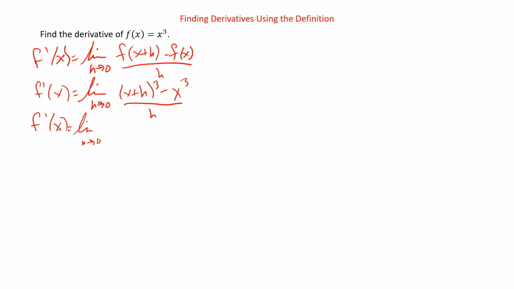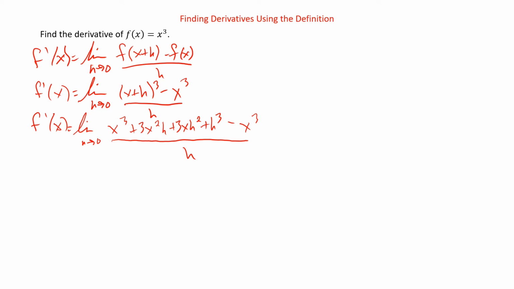And so that's going to be wonderful. I'm so happy for that. But when we expand this x plus h cubed, we're going to get x cubed plus 3x squared h plus 3xh squared plus h cubed. And then we have this minus x cubed at the end, right? That's not the binomial expansion, that's just this minus x cubed all over h.